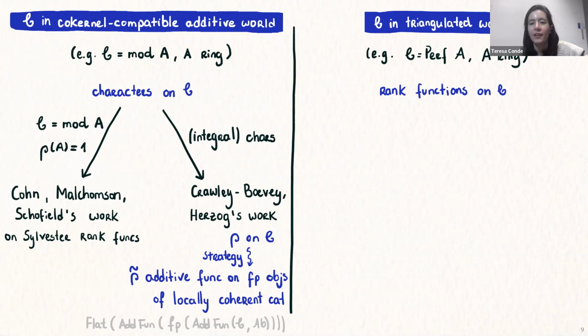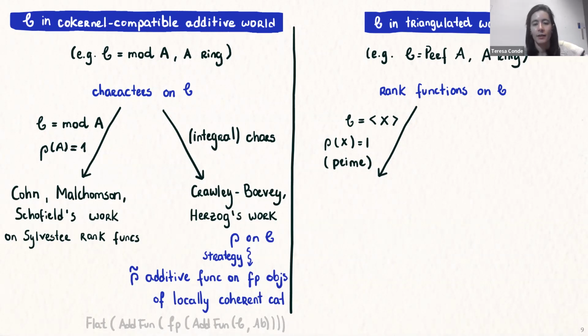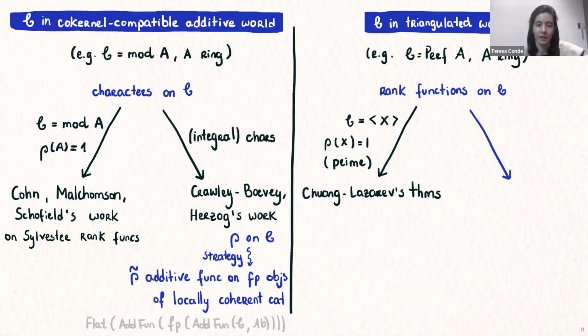Okay, so on the triangulated world, we have the rank functions, and if we restrict to the case where C is a triangulated category which has one thick generator, and if we require that the rank function satisfies some normalization property like the ones we have seen, then there are results of Chuang and Lazarev in this direction, like the ones that I've presented.